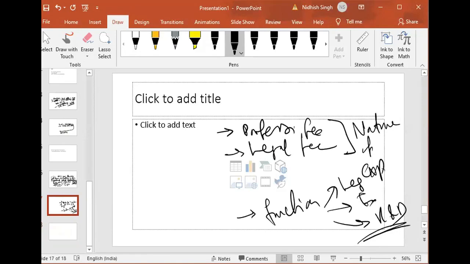Okay, so when we talk about the nature, any P&L, the statement of comprehensive income, needs to select how you want to disclose the expenses. You want to disclose the expenses as the nature of expense, or as the function of expense.